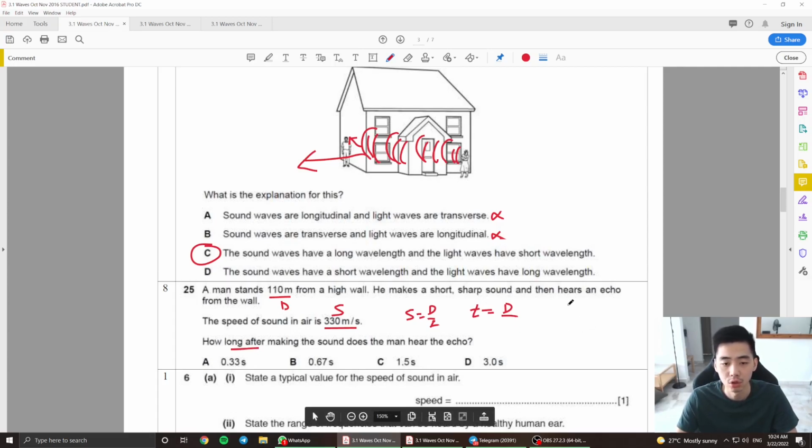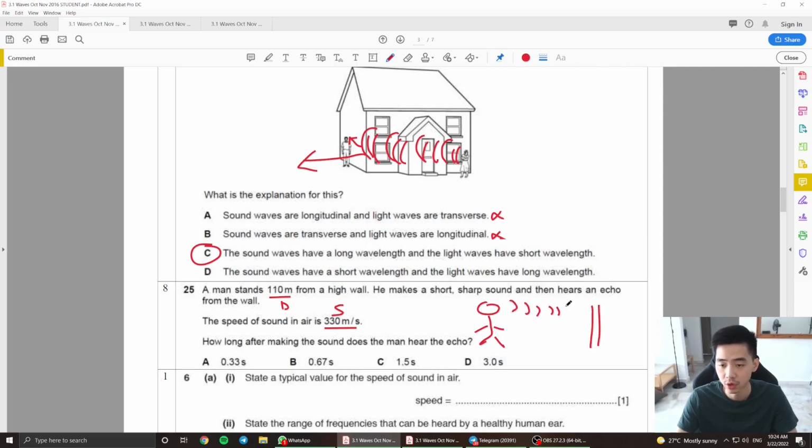Now, this is not logical because if this man is hearing an echo, the only reason he can hear an echo is because the sound that is traveling from here actually has to travel backwards. In other words, the distance that the sound travels is actually double the distance from the wall. So if speed is distance over time, time will be distance over speed.